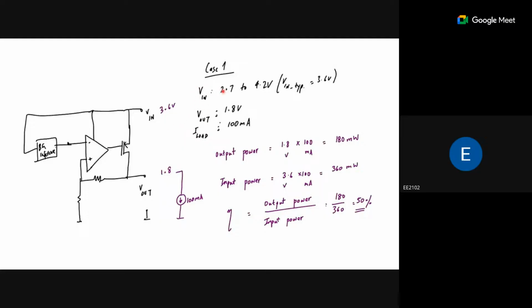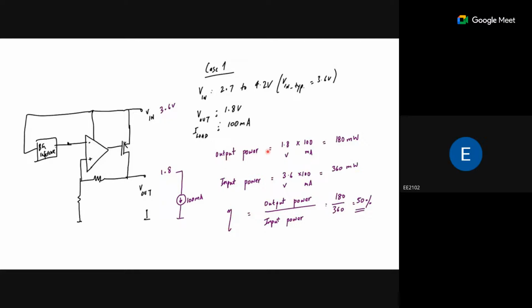For example, the input voltage is 2.7 to 4.2 volt, as in the previous case if we are using that kind of battery, and the expected output is 1.8 volt with a load current of 100 milliamperes. So how can we find the efficiency?